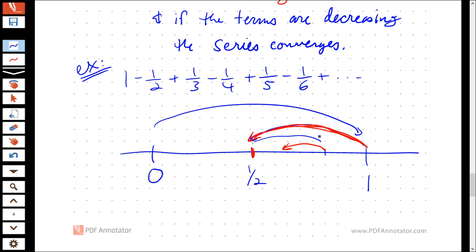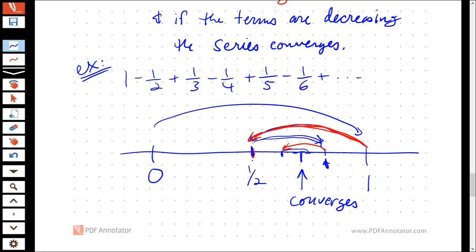The 3rd step started at 1/2 and took me to the right. My 4th step goes backwards, but it doesn't get as far as 1/2. The next step is going to go forward, but it's not going to get as far as this one here. Because the steps are smaller and smaller, we're moving towards some value. We are going to end up converging.